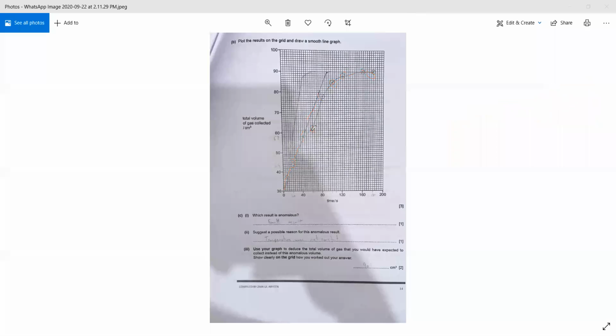So for the one which appears anomalous, you don't have to join it; that's wrong. You have to neglect this point and join the other points. And what will be the volume if the same exact time was read? It is about 68 or 69.